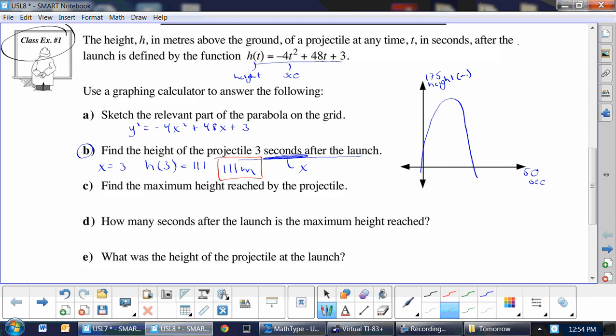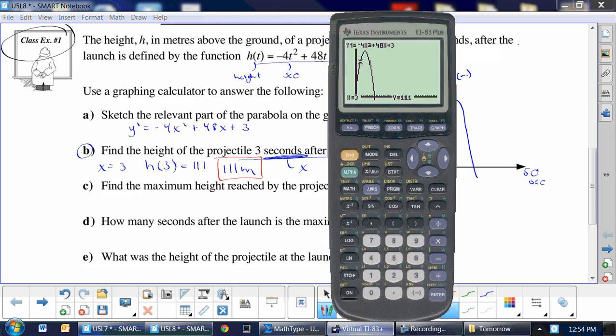Okay, so they say the maximum height reached by the projectile. I'm going to show you how to find maximums on your calculator now, so I need everyone watching and listening. We go second trace, and you can see number 4 is maximum. You hit enter, and you'll notice it says left bound.